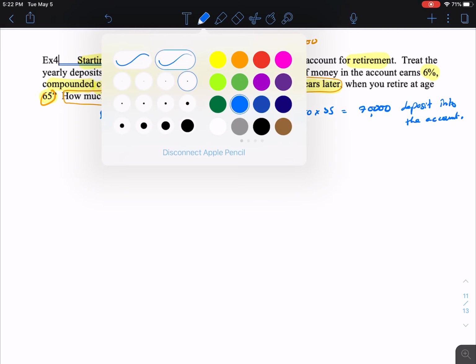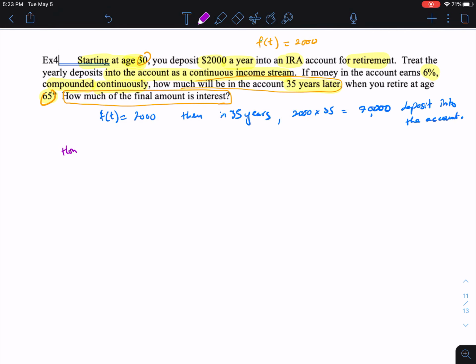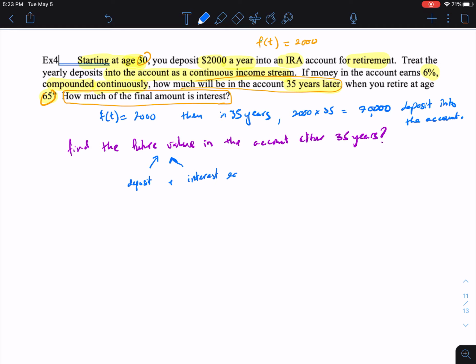So now we're going to try to find, sorry, the future value in the account after 35 years. Okay, and this future value will include both the deposit amount or investment and the interest earned. Right. Okay. All right. So let's go ahead and do that.